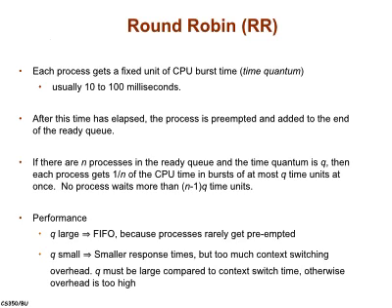Now, if there are n processes waiting in the ready queue and you have a time quantum of q time units, then each process would get 1 by nth of the CPU time, and each process would get to execute for a maximum of q time units at a time.